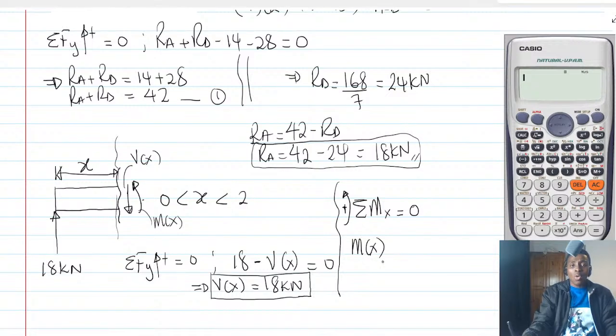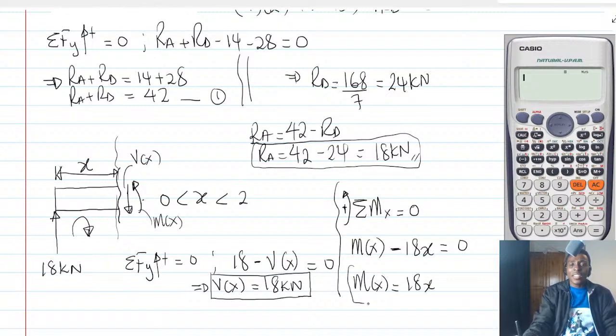So M of X, and then this 18, what is the line of action? It is going this way. The force is creating a moment which will go in the clockwise direction. So it is minus. So 18 times what? X. So it means that M of X is what?